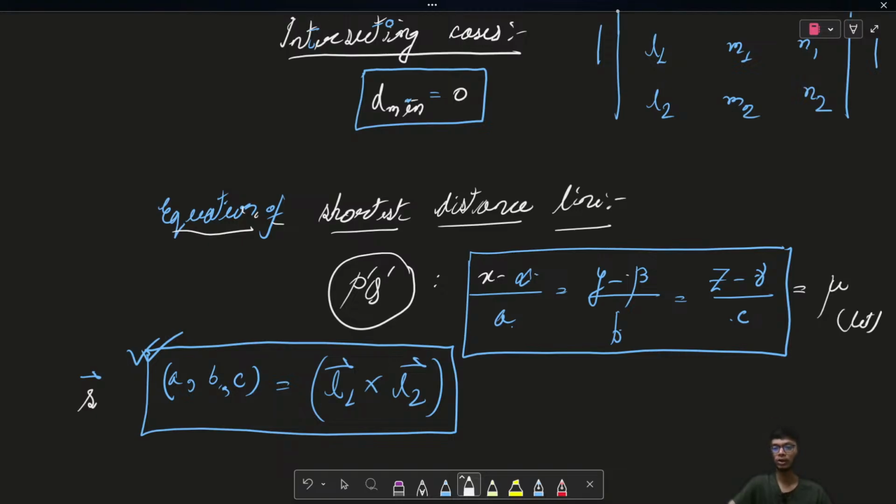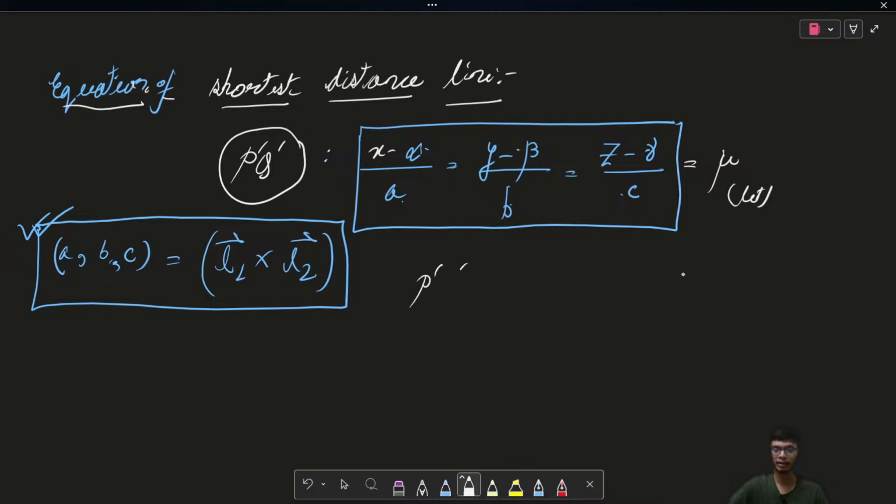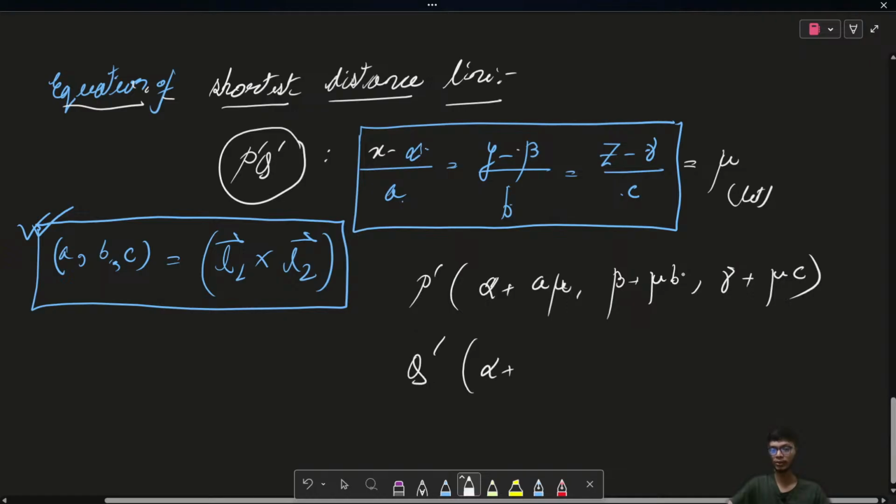Let's say mu. So I will assume this point P dash as alpha plus a times mu, beta plus b times mu, gamma plus c times mu. So I will assume this P dash, and also I will assume Q dash with some lambda similarly.